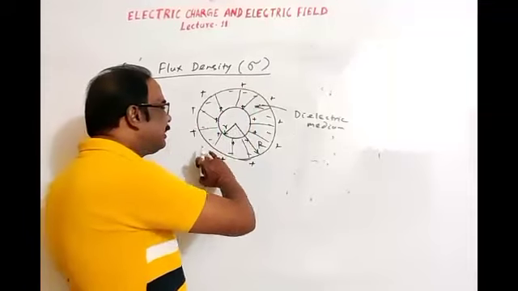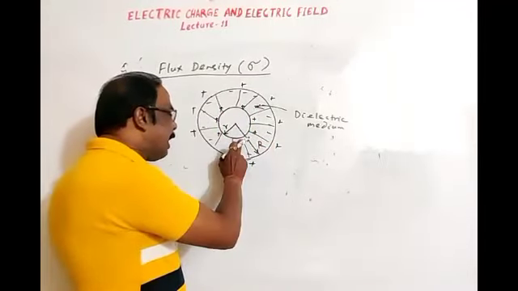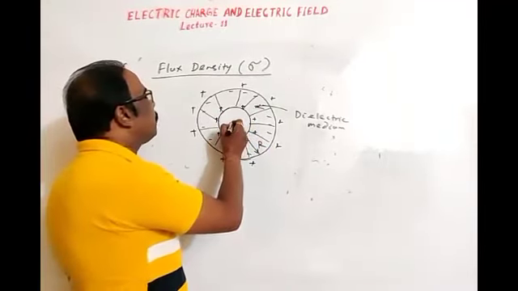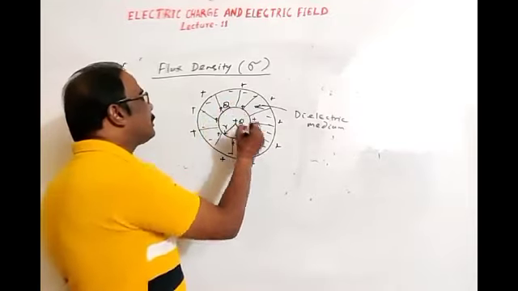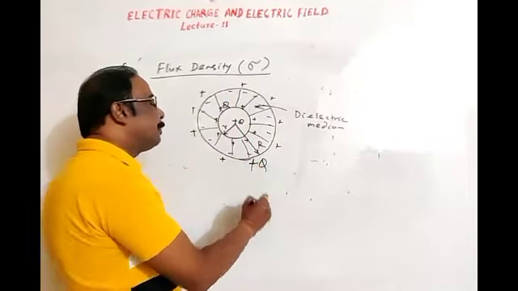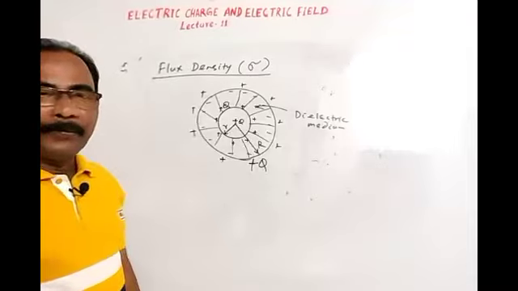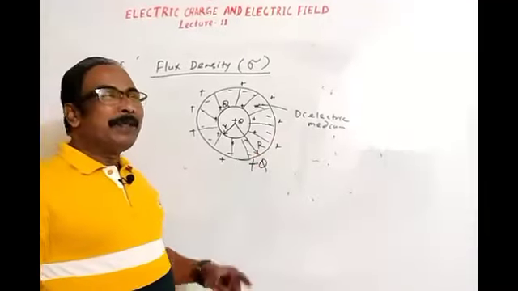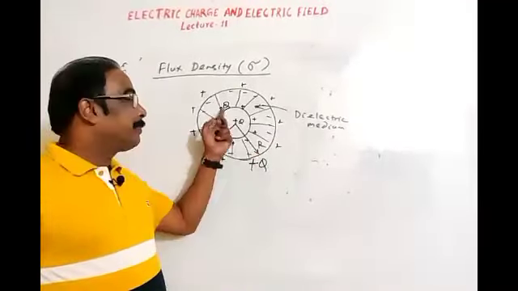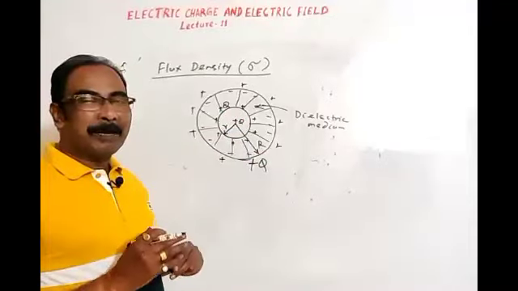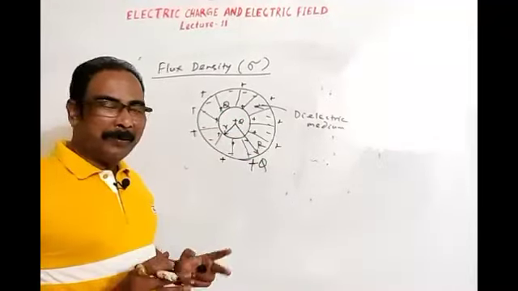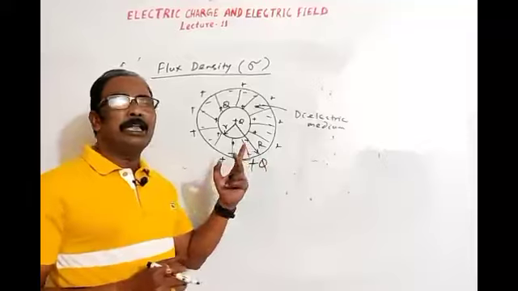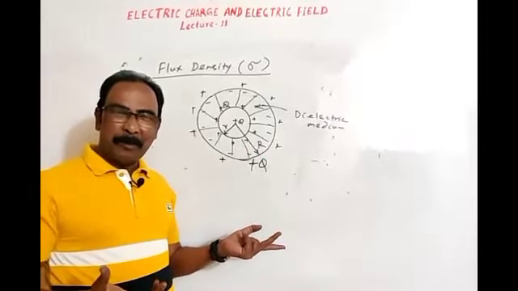So in this case we may say the charge is transferred. If this total charge is Q, then this charge will also be Q. So charge is transferred to the surface of the outer sphere. So this charge is displaced, as per Faraday.